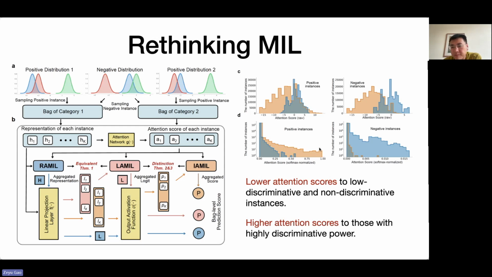So basically, it will classify all the non-discriminative instances as negative, but it still has a lot of misdetection because it will also give lower attention scores to low discriminative instances, but it gets better results for the highly discriminative cases.